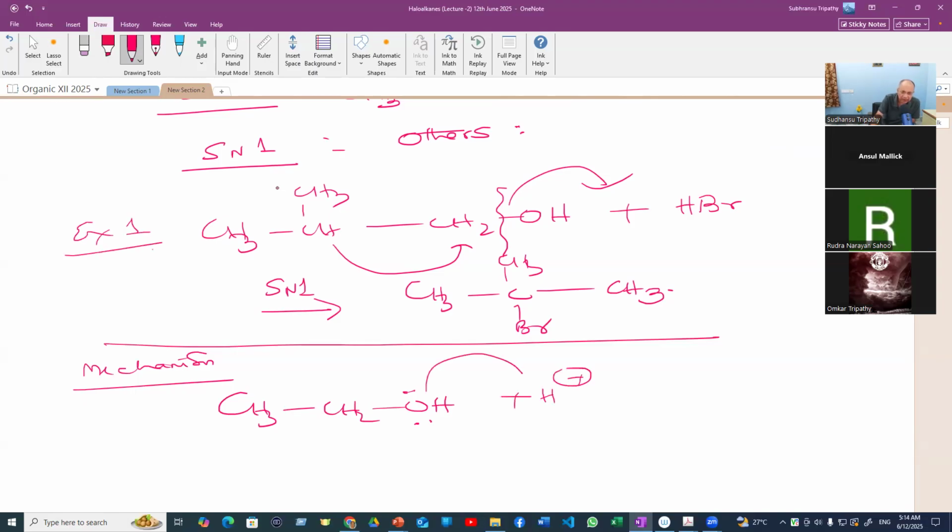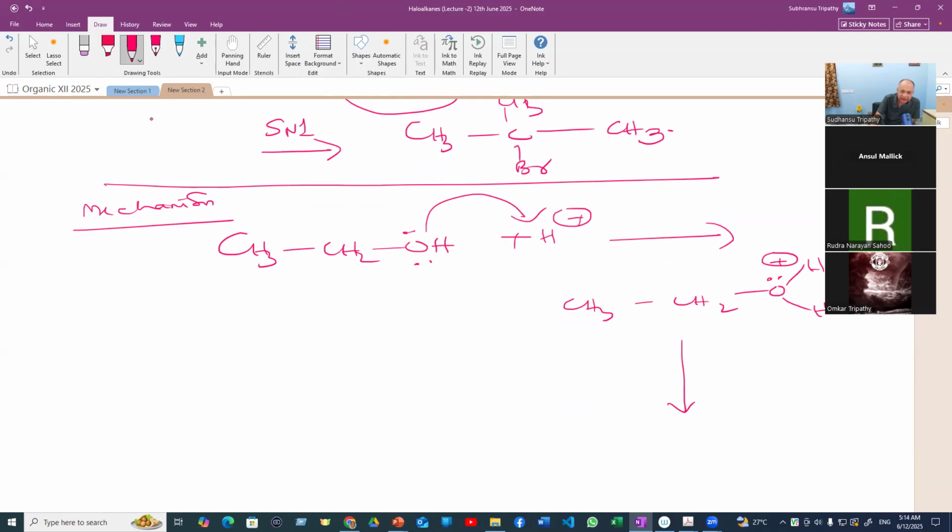It will be protonated, and since there is no room for any rearrangement, in one step after protonation, this is the SN2 step where Br minus, say we are giving HBr, will come and attack from the rear side, and water will go, because there is no driving force for the formation of a carbocation. 1 degree carbocation is unstable, so it will favor SN2.